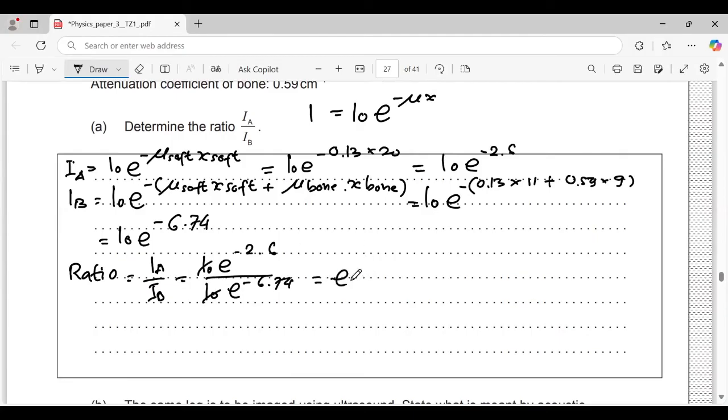So it becomes e power 6.74 minus 2.6, e power 4.14. In my calculator, I have calculated e power 4.14, and the result is 62.85. Next.